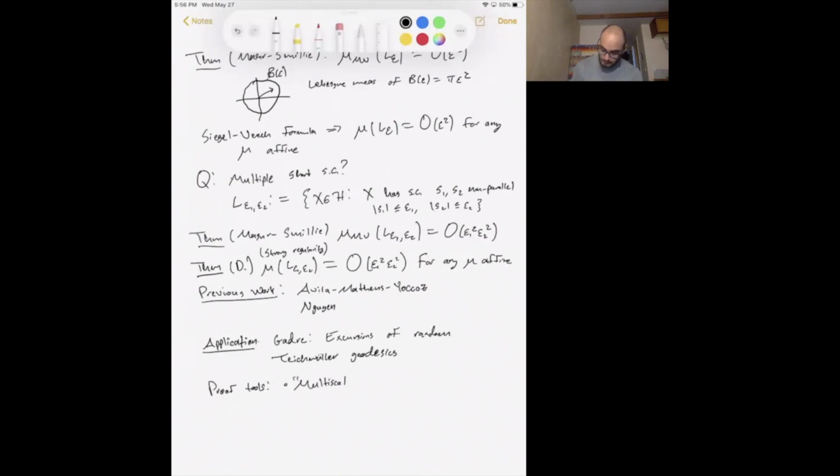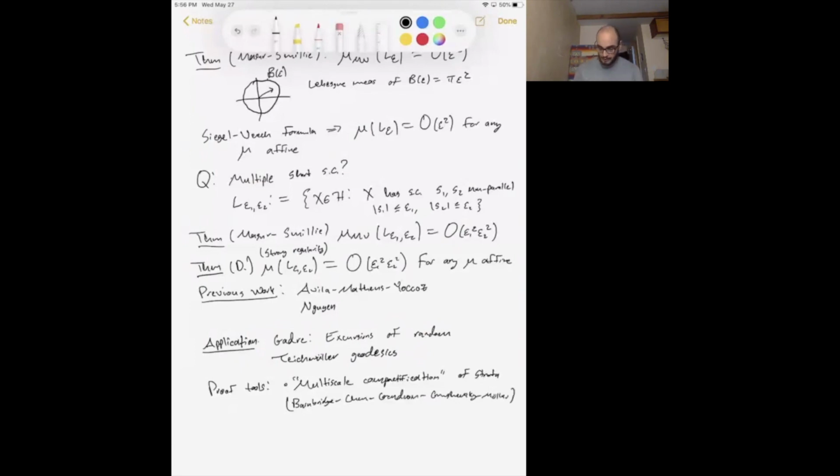There are various different compactifications of strata, and this is a fancy new one due to Bainbridge, Chen, Gendron, Grushevsky, and Moeller.